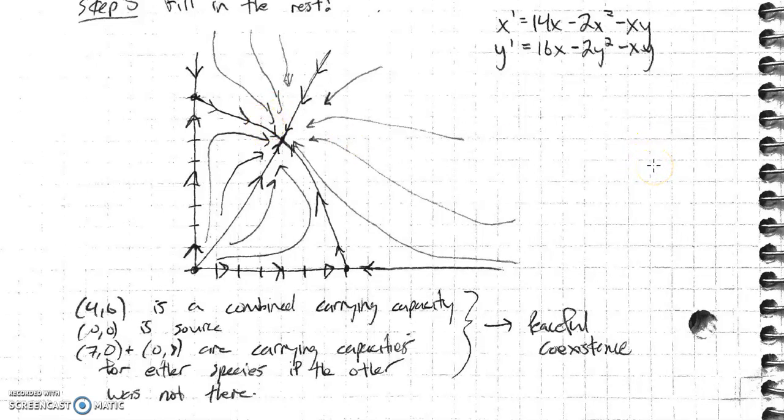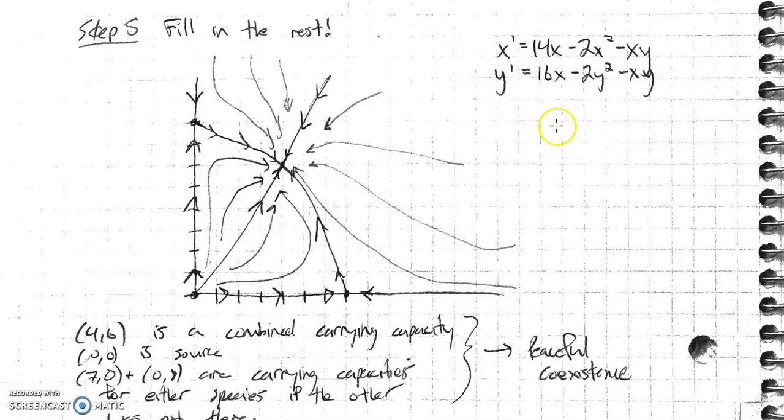But what this is all about is using these eigenvalues and eigenvectors and Jacobians and partials and everything, and figuring out what happens. But say I had this thing and I made the 14 a 20.